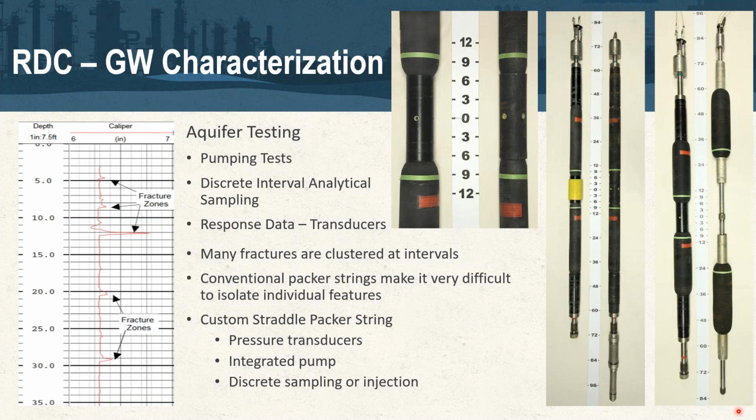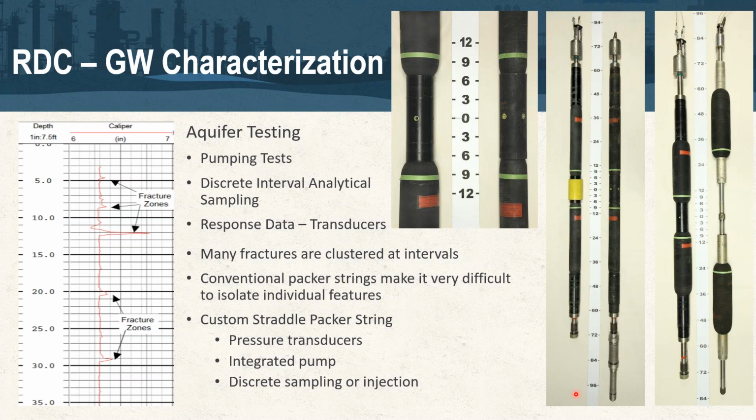And looking at the far right-hand photo on this slide, we have the discrete interval packer in side-by-side comparison with a standard, traditional off-the-shelf packer that has a much larger sampling interval between the elements when inflated.